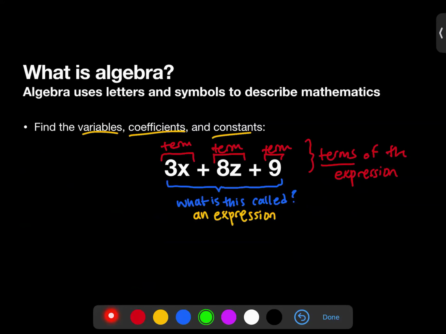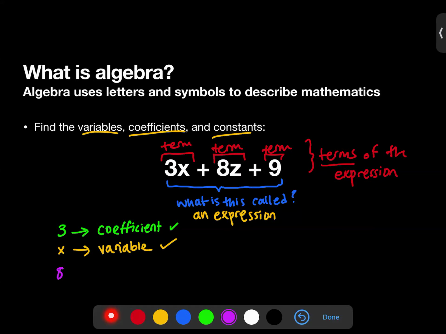So can someone tell me what do we call 3? What is 3 called? Correct. Coefficient. And then x is called what? Good job.